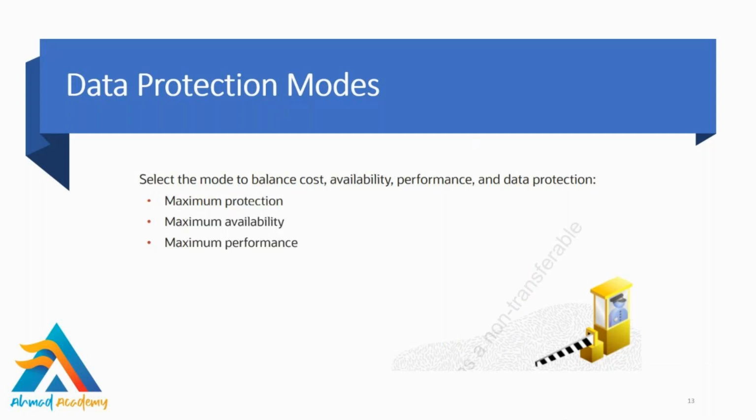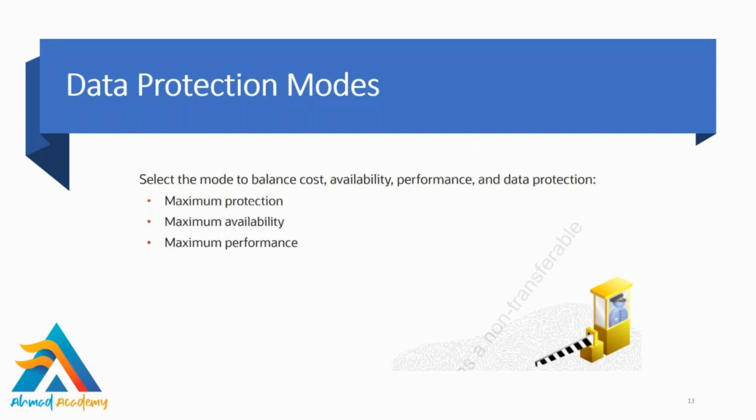And maximum availability is basically where a transaction does not commit until the redo data to recover the transaction is written to the online redo log file and at least one remote standby redo log. Unlike maximum protection mode, the primary database does not shut down in this case if it is not applying.